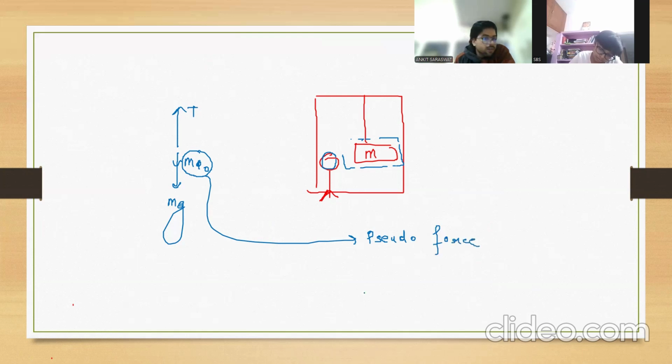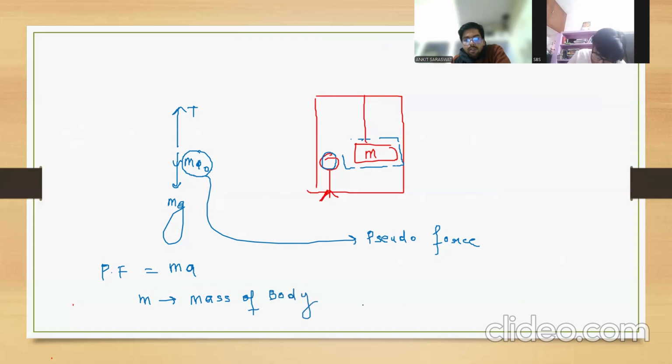Pseudo force, just write down here. Pseudo force is equal to M into A. What is M? M is the mass of the body on which the law is applied.